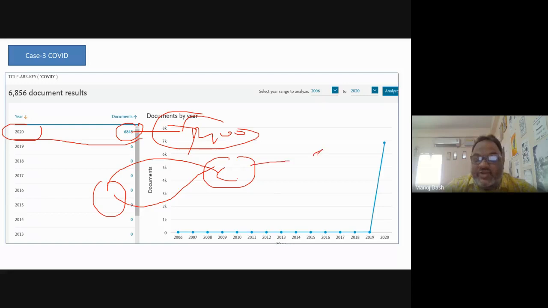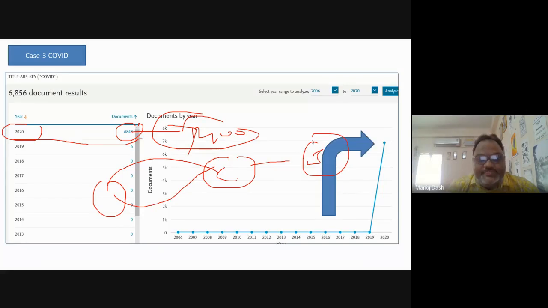Do you think that after 5 years, people will still be writing on COVID? May or may not be, I don't know. But now you decide: do you go as a crowd-following researcher, or do you decide your own functional area and work in that area for the next 5 or 10 years, so that you can claim that you are a researcher in that particular area?